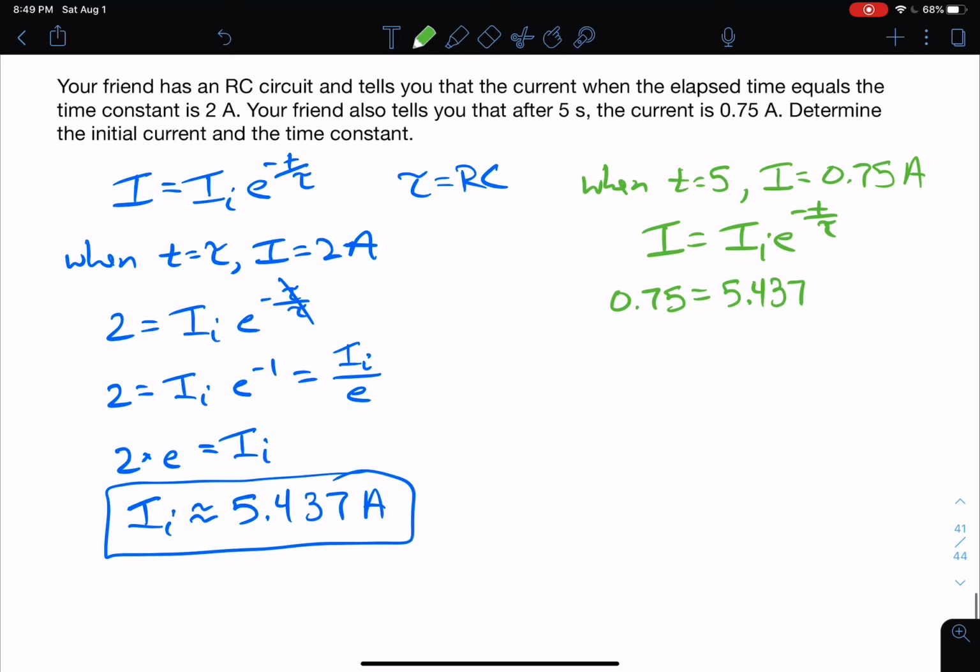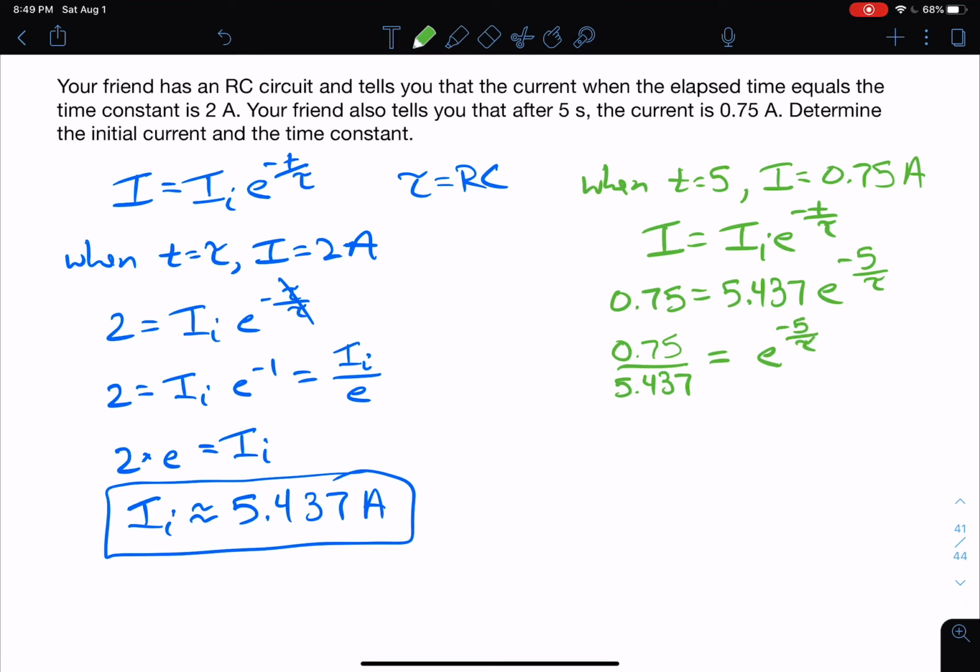That's 5.437. And then I've got e to the negative 5 seconds over tau. Okay, well, I'm going to take 0.75 and divide it by 5.437. That's going to give me e to the negative 5 over tau.